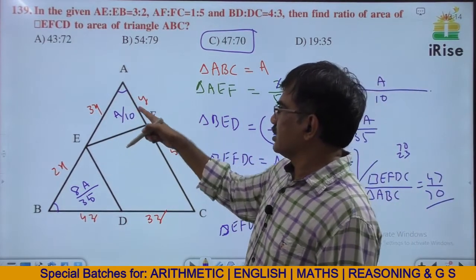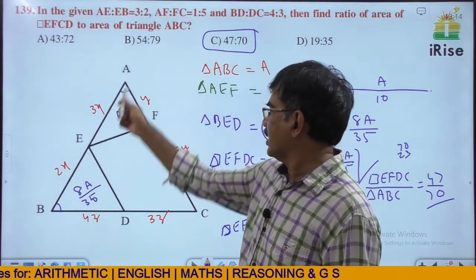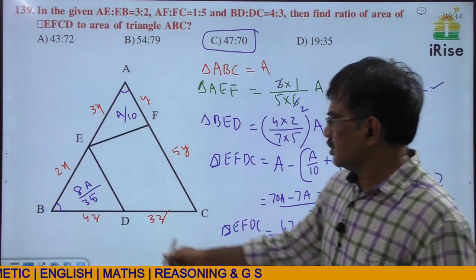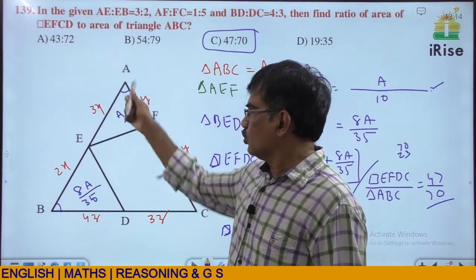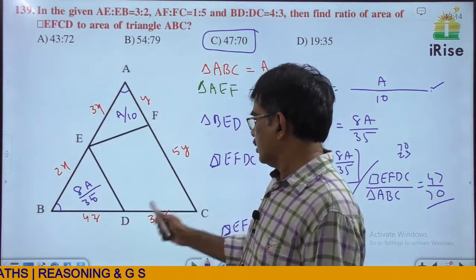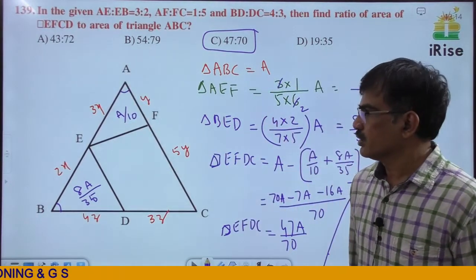This part area is nothing but 3 into 1 by 5 into 6. We get A by 10. In this total area, what is this part? 4 into 2 by this total 7 into 5, 35.